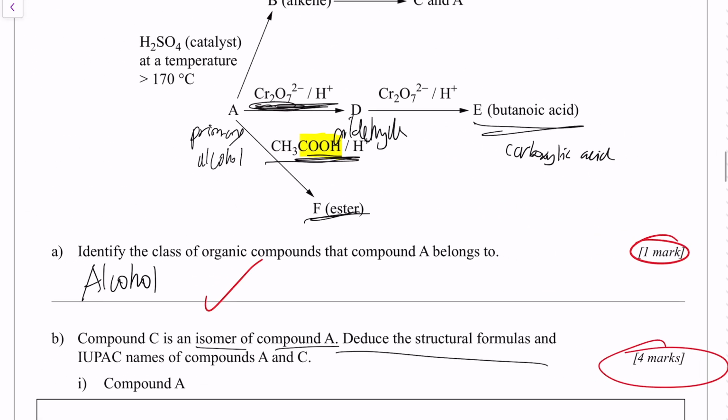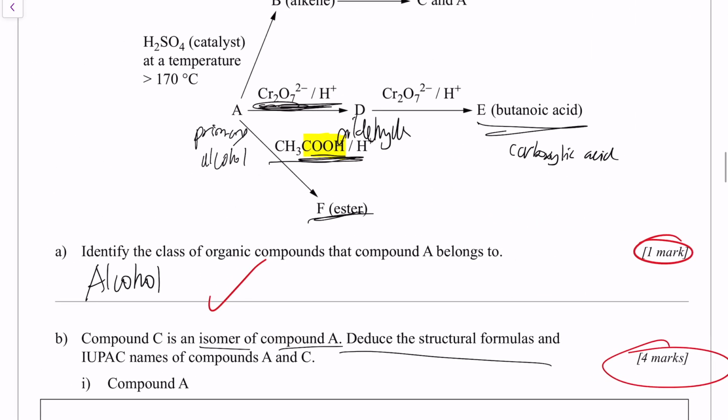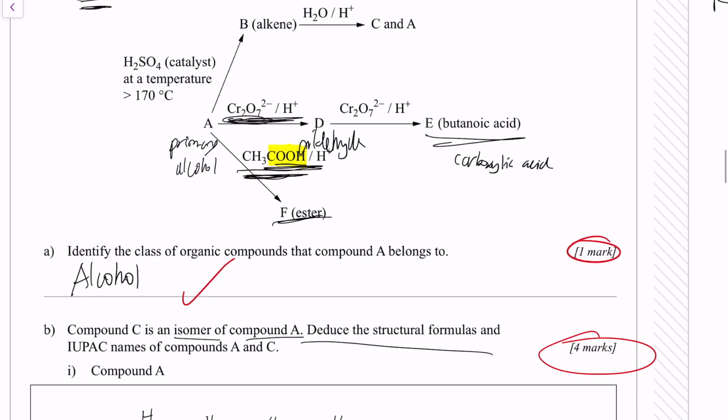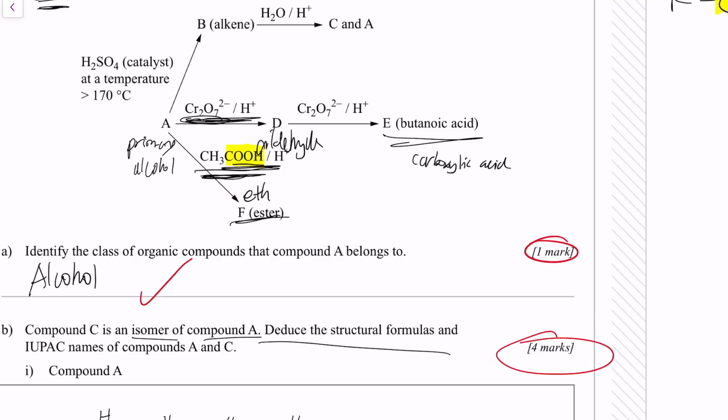The carboxylic acid we were given is just 2 carbons, so that would be eth, which is 2, for the single bonds, and oic acid for our carboxylic acid.